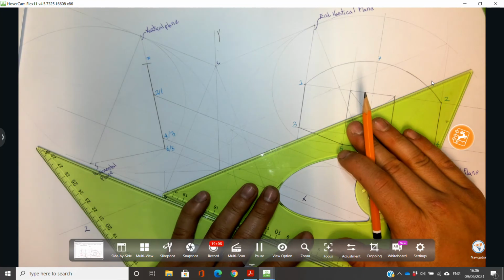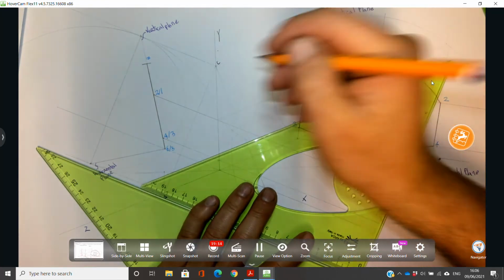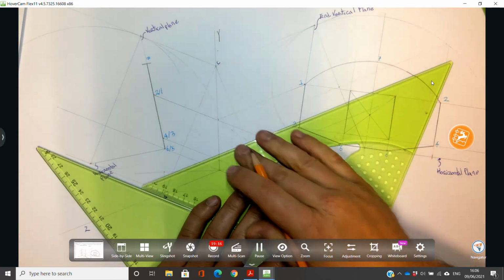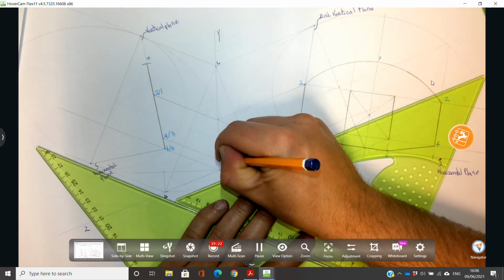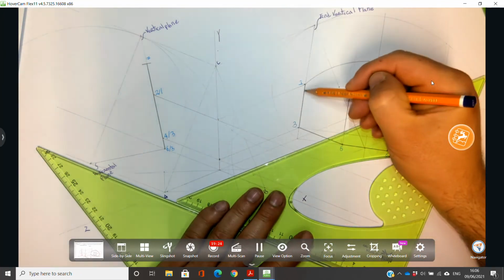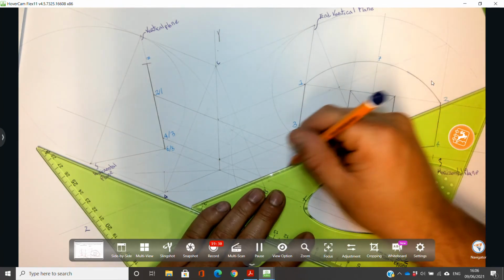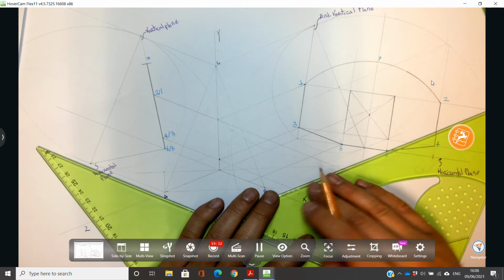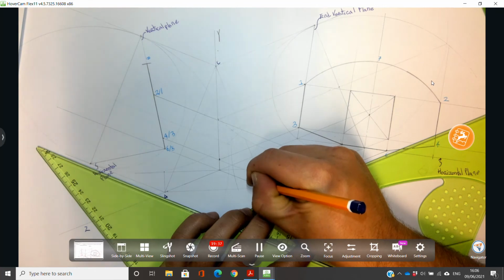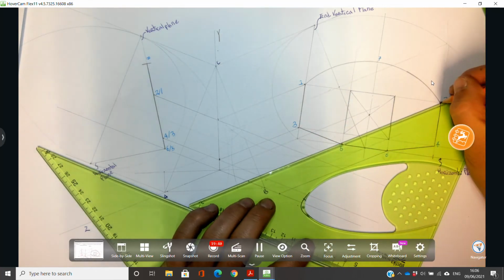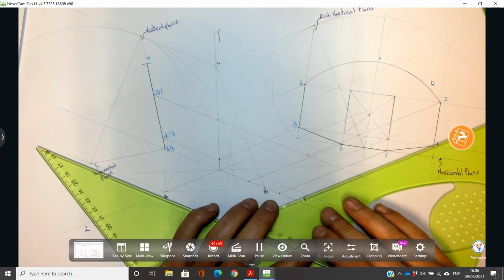Now same points again, 1 down parallel to the z-axis, 3 down parallel to the z-axis. They should be meeting on the y-axis here because they're on the edge of the end vertical plane. 5 and 6. Two brought down there, and then 4.